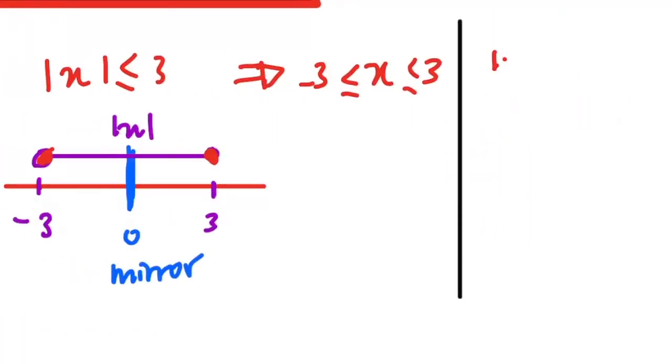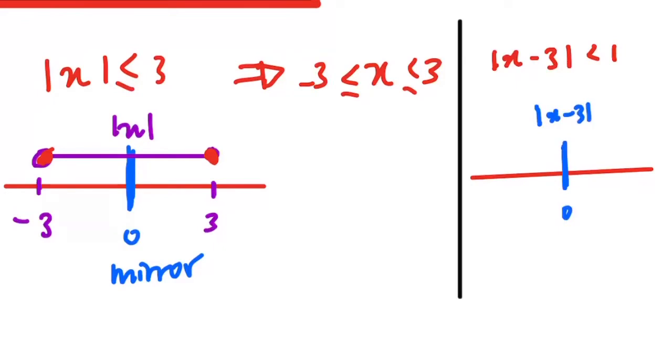Now, what if you have absolute value of x minus 3, and it is less than 1? Draw the number line, and whatever you have in the middle is 0, and your absolute value acts as a mirror.